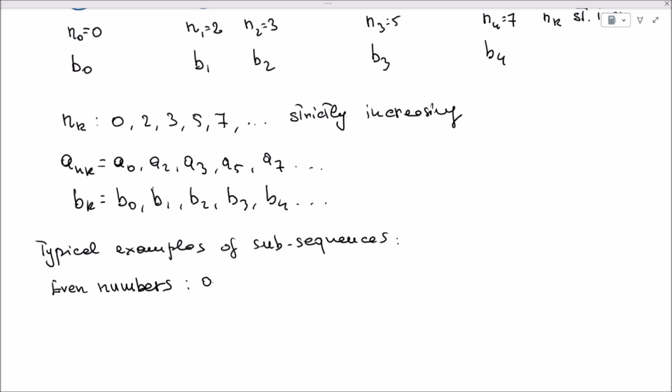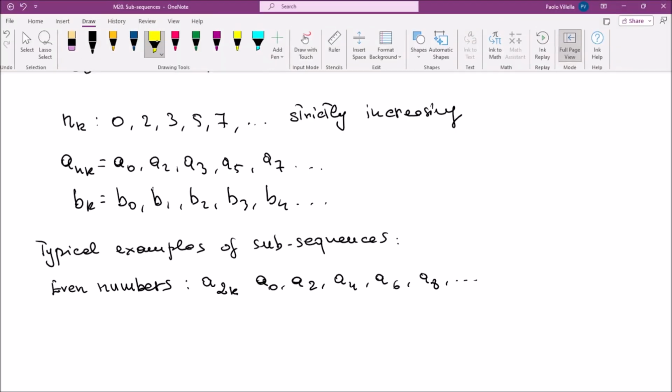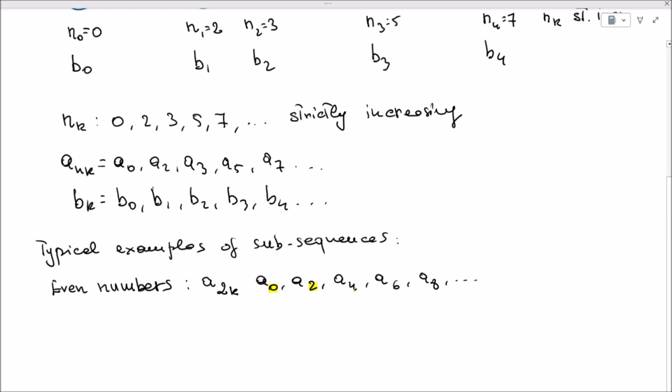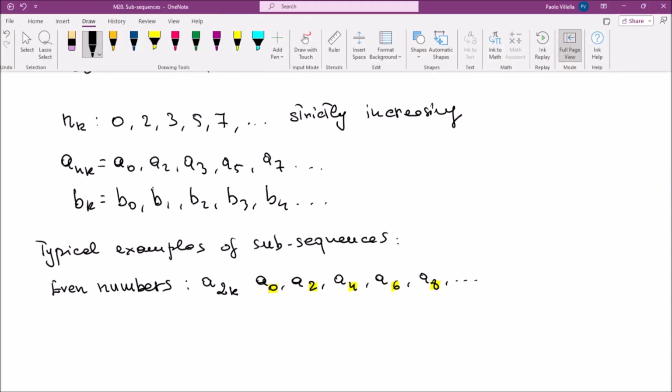So we have in general a_{2k}, which means a0, a2, a4, a6, a8, and so on and so forth. And once again, we see that the sequence of the indices 0, 2, 4, 6, 8 is an increasing sequence.